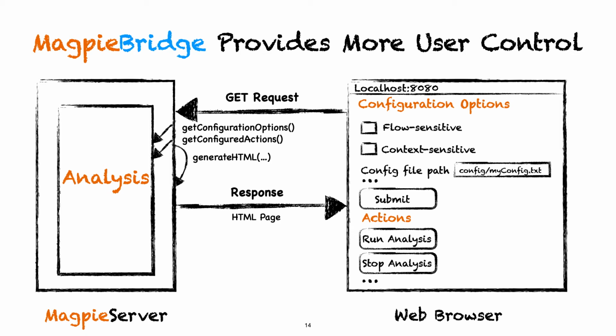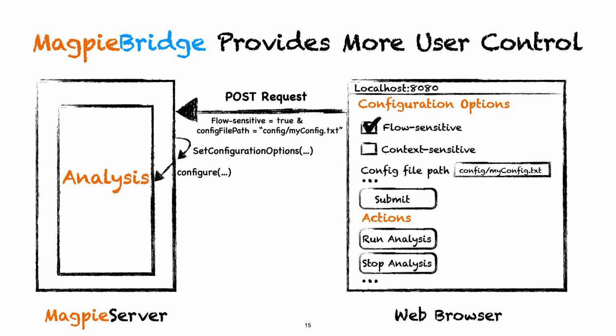This page is generated by the Magpie server from the configuration options and actions defined by the analysis writers through the getConfigurationOptions and getConfiguredActions methods defined in the analysis interface. The configuration options are displayed in the form of checkboxes or input fields, and the actions are in the form of buttons.